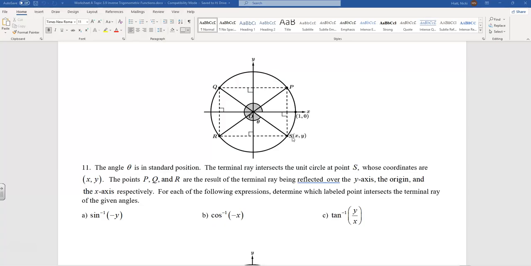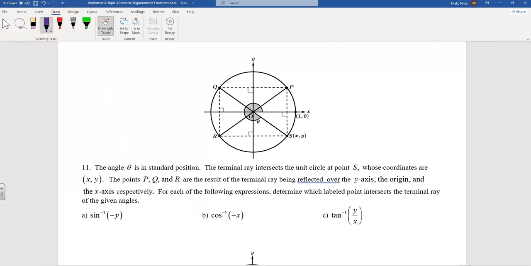So in that case, maybe x equals 3/4 and y equals negative 1/3.